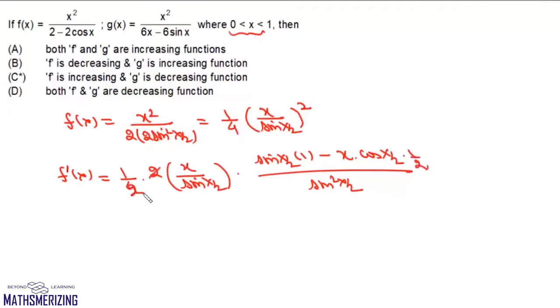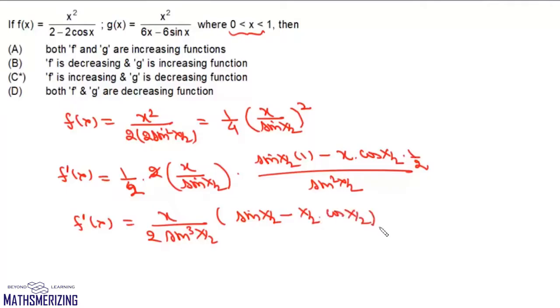Now this 2 and 2 will cancel. So we can write this as f dash x equals x upon 2 sine cube x by 2, and here will be sine x by 2 minus x by 2 cos x by 2.